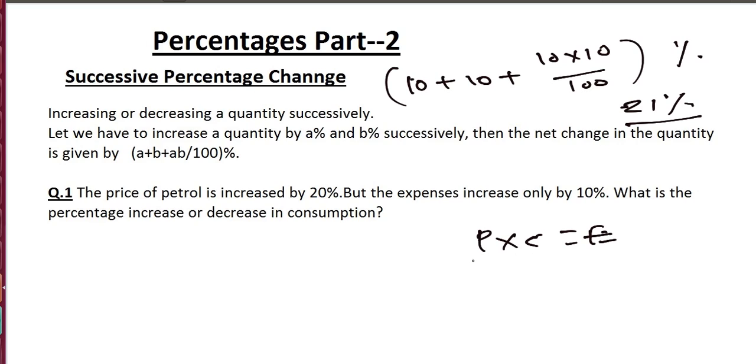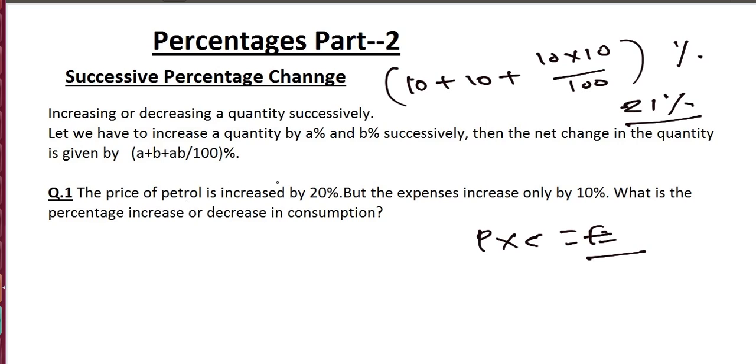For example, if I increase the price by A%, and also if I increase the consumption by some percentage, then what is the effective change in my expenditure? What is the effective percentage change in my expenditure? I can use the successive percentage change concept here also.